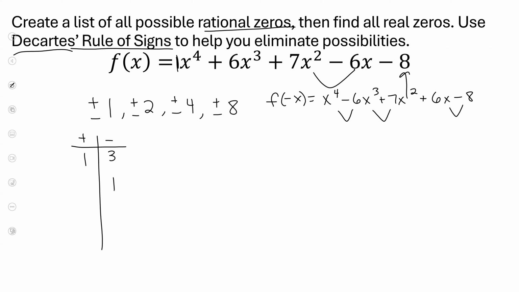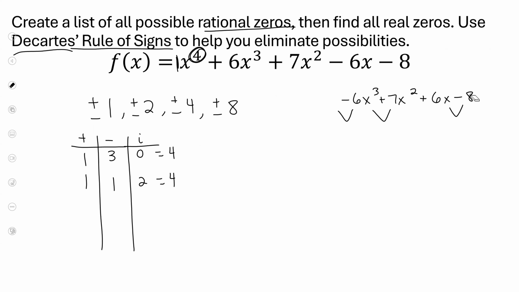Subtract 2 every time. So no matter what, I'm going to have 1 positive solution because I only had 1 variation for this one. Now, this is a 4th degree polynomial, so this will be 0, this will be 2 because it has to equal 4. Across the row, it has to equal 4. Okay, so let's go ahead and start.